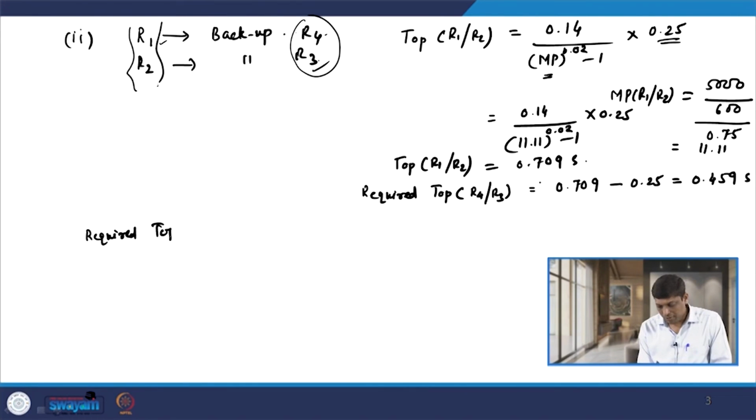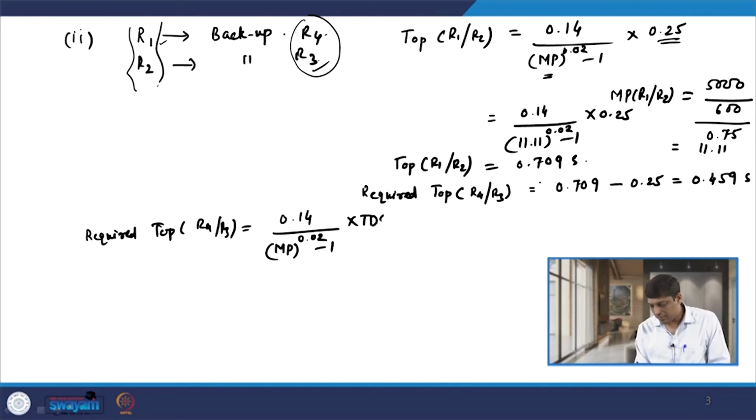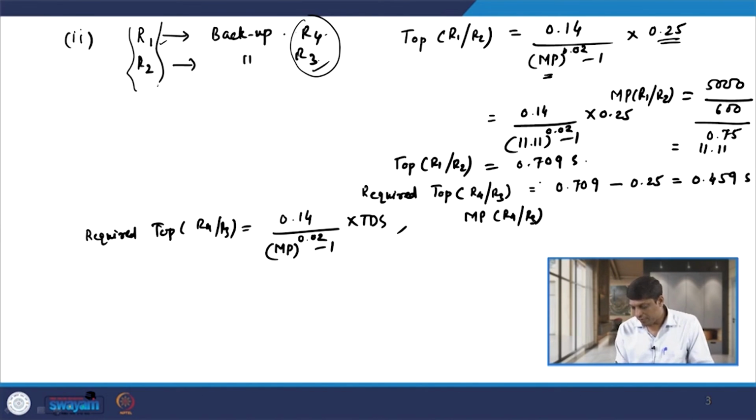Now we can easily find out the required top of R4 oblique R3, that is equal to 0.14 divided by MP raised to 0.02 minus 1, into TDS. So, we need to find out the multiple of pickup current of R4 oblique R3. That is, for the same fault current 5000 ampere divided by the CT ratio of R4 R3, that is 600, whole divided by the plug setting of R4 or R3, that is 50%, so 0.5.